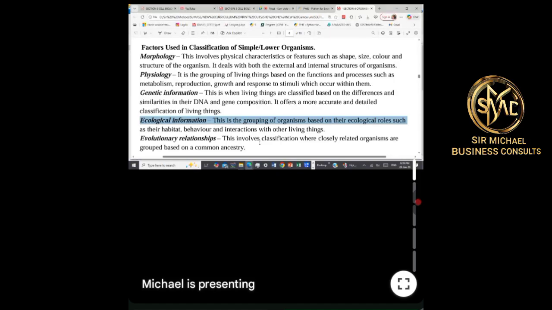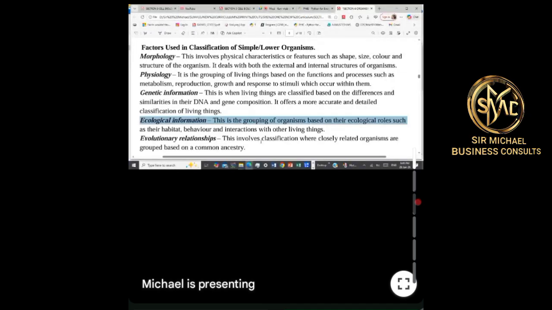Like, we can take their habitat, and we all know habitat. With habitat, we have three: the aquatic, the terrestrial, and the arboreal. If you see certain organisms, the algae, fishes in water, you can say they are all aquatic organisms. And the terrestrial ones, the ones on the land, like lions, and even with those ones, we can still classify them.